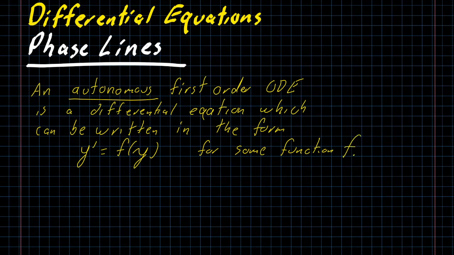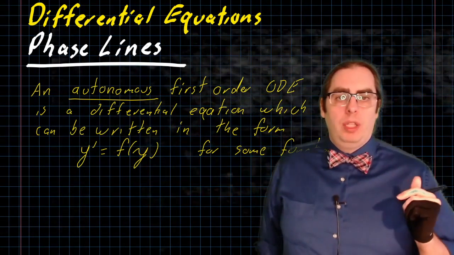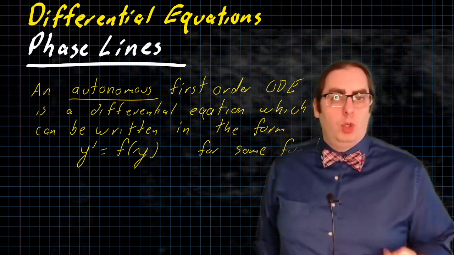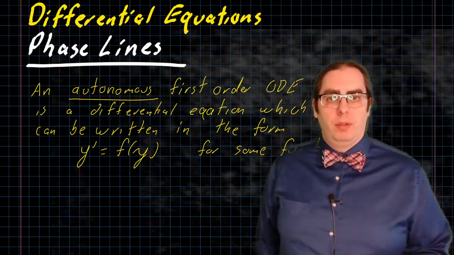An autonomous first-order ordinary differential equation is a differential equation which can be written in the form y prime equals f of y for some function f. Compare this to the differential equations for whom we were studying the direction field.